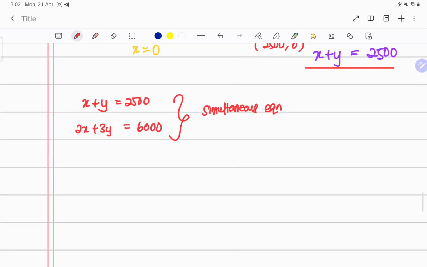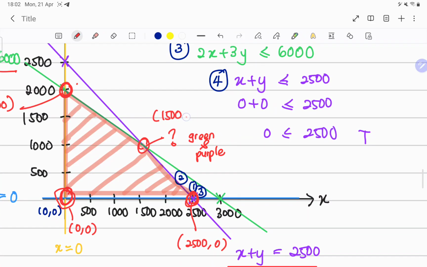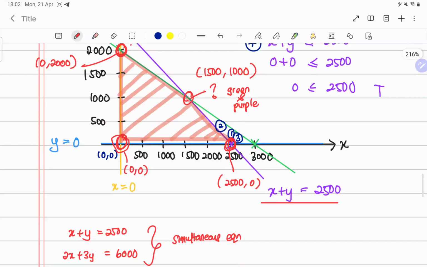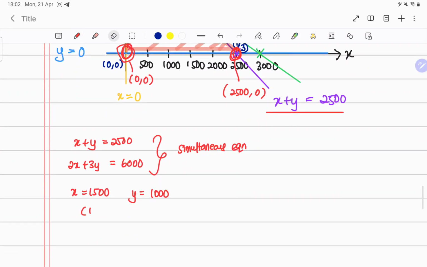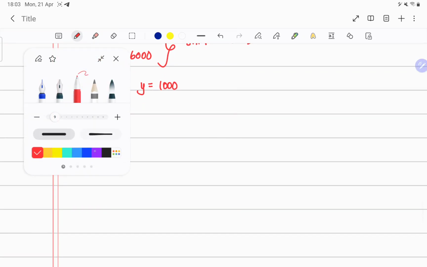So the value of x, you will get 1500, while y you get 1000. So the coordinate that you will have here is 1500 and 1000. So you have these four coordinates, you list them out.